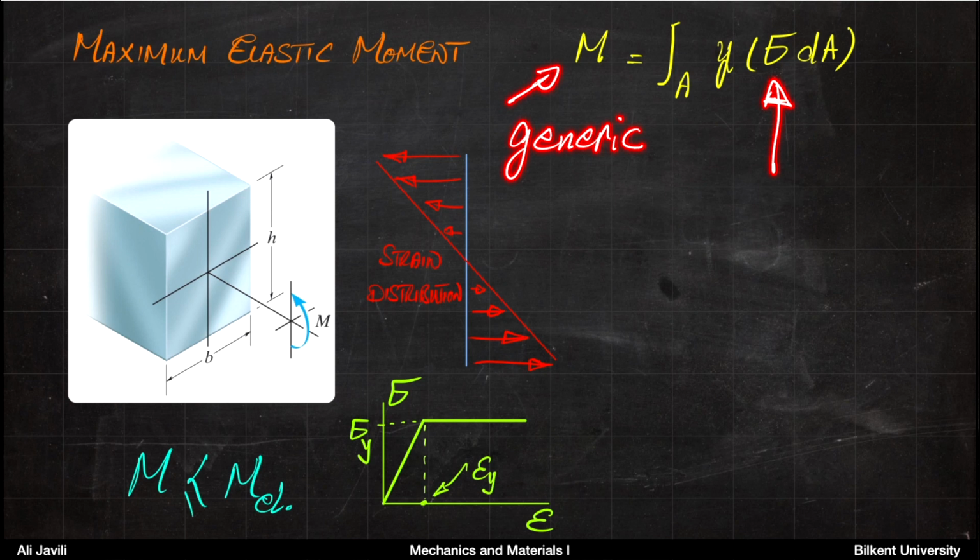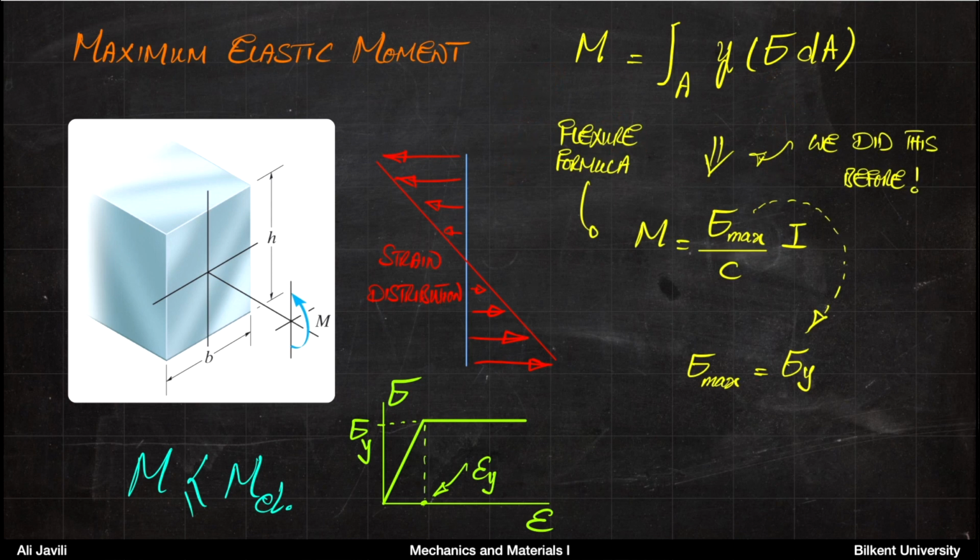So the stress could be linear or not. But if we talk about elastic problems, then it means we assume it's linear. So we have done this basically. So we assume that strain and stress, they were both linear because we talked about elastic problems. So if you remember, we also had this relation that stress was minus y divided by c sigma max, for instance.